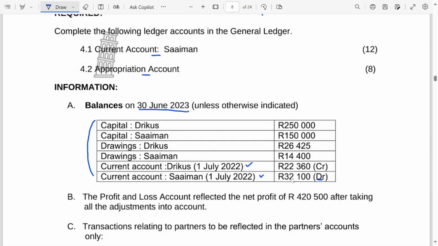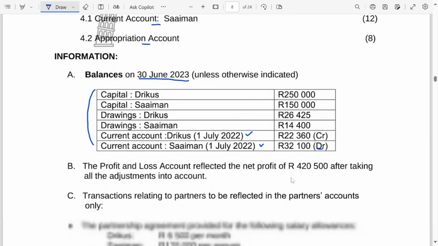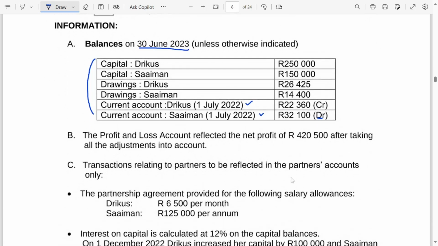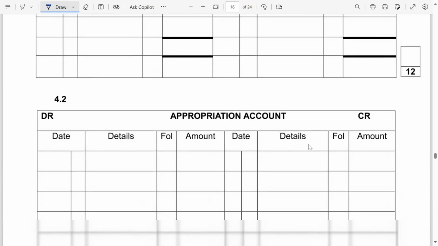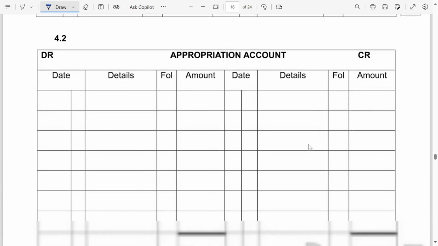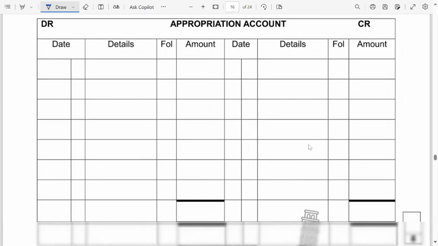Right? Now let's go to the information. The profit and loss account reflected the net profit of 420,500. Now, where do we record the net profit? We record the net profit on the appropriation account. So, on the credit side, we use the appropriation account in order to share the remaining profit among the partners.